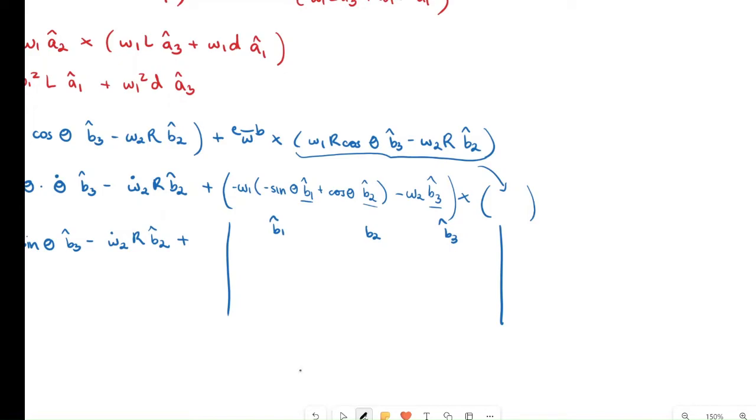So I'm going to take the first term, which is our omega B and E, so this whole thing. That becomes omega 1 sine theta, and then negative omega 1 cosine theta, negative omega 2. So that's the first term.